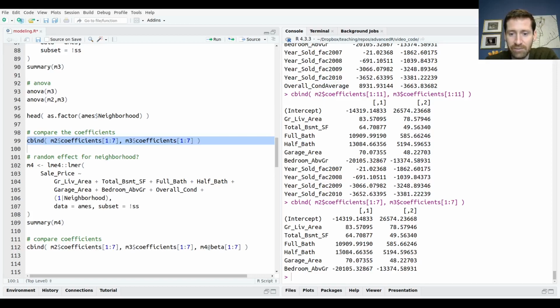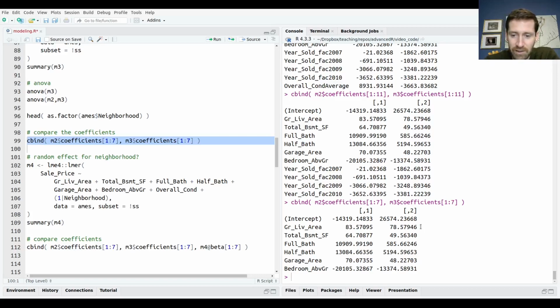Houses with lots of bathrooms and half bathrooms tend to be in nicer neighborhoods. Houses with a nice big garage tend to be in nicer neighborhoods. So this model is trying to use these variables to predict neighborhood, and that is inflating the size of these coefficients. Whereas here you just have neighborhood in the model, so now you see basically the naked effect of adding size to the house.